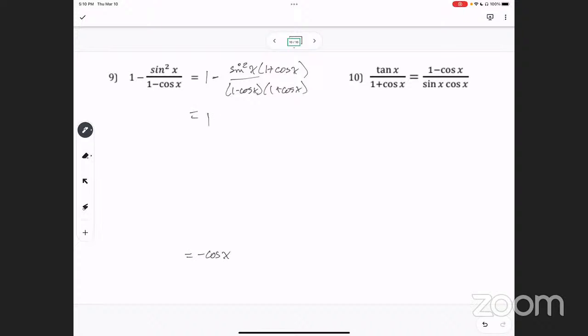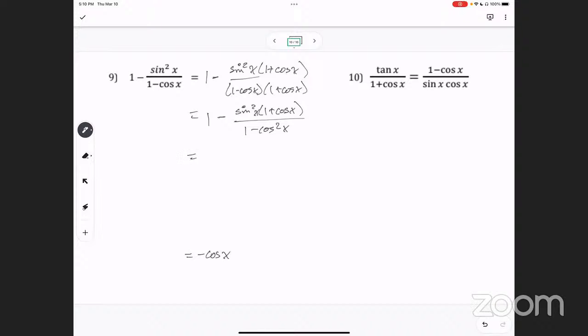Wait, why is it 1 minus cosine x and 1 plus cosine x? Notice what I'm doing to this. I'm multiplying the top and the bottom of this fraction by the conjugate of the bottom. Oh, okay. Because now what I'm going to get is 1 minus cosine squared of x, which is just sine squared of x, right?